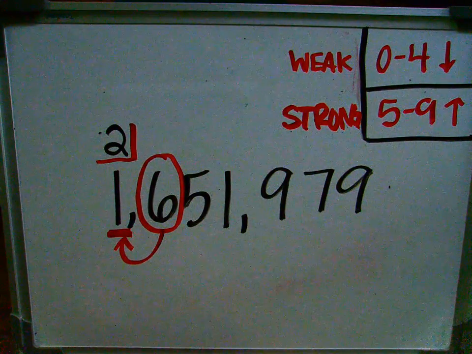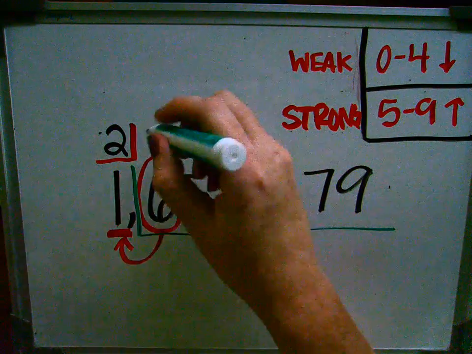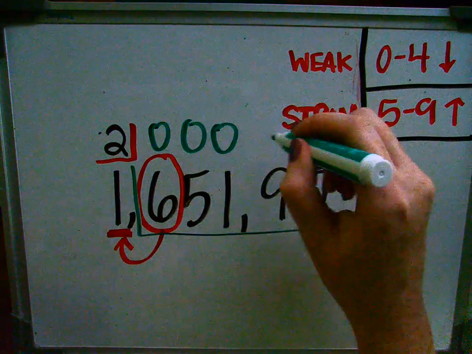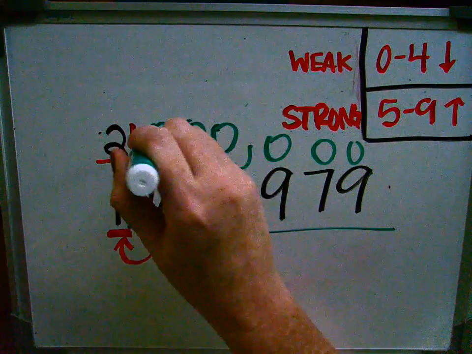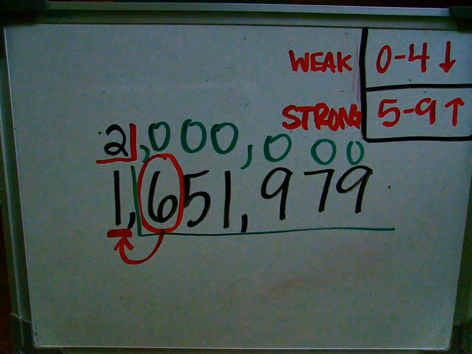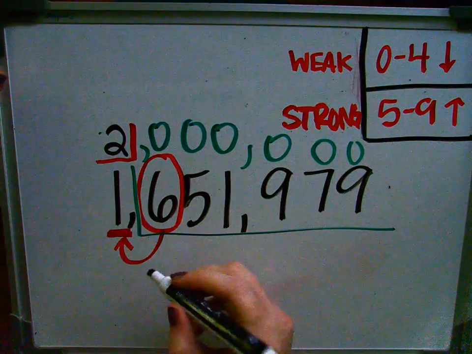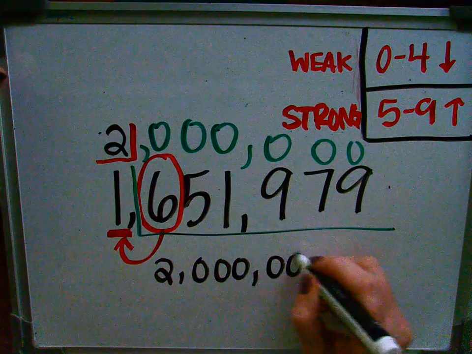And then everything on the 0 train, which is everything after, turns into a 0. Don't forget, 1, 2, 3 are commas. So 1,651,979 rounds up to the nearest million, which would be 2 million.